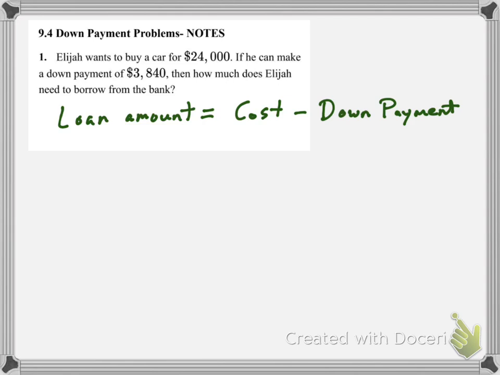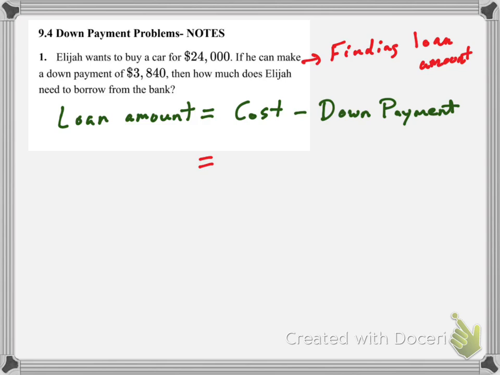Elijah wants to buy a car for $24,000. If he can make a down payment of $3,840, then how much does Elijah need to borrow from the bank? Okay, so in this case, we are finding the loan amount. Now, the loan amount is the cost of the car, or the cost of whatever it is you're buying, minus the down payment.